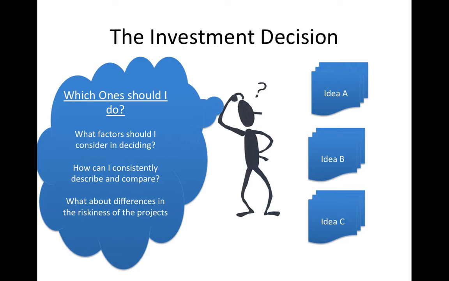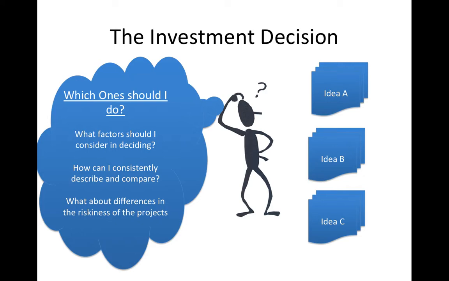And understand that all of those are very different choices. They may involve different amounts of money. They may involve different timing of when the money gets returned. You first have to make the decision, are any of these projects worth investing in?